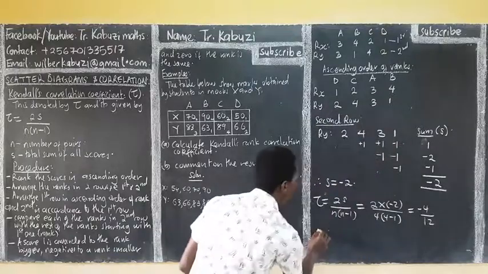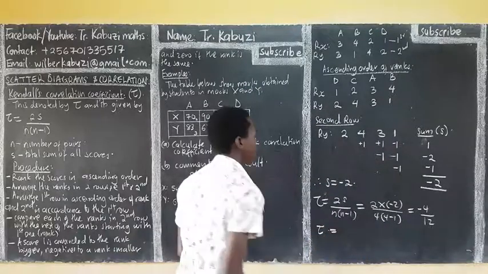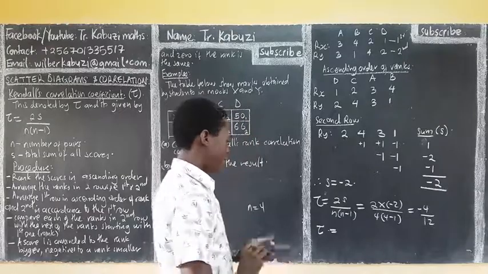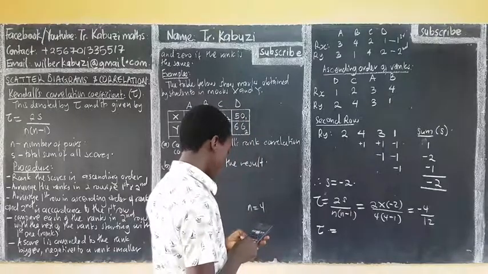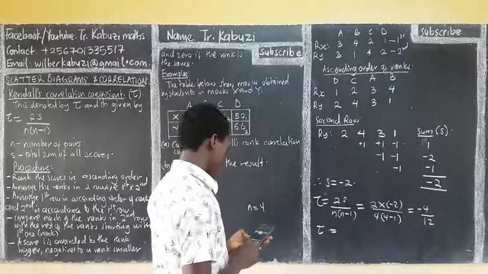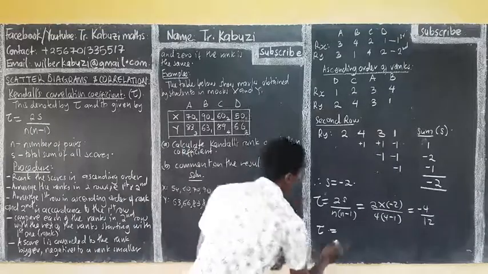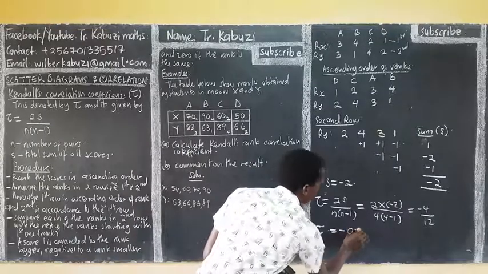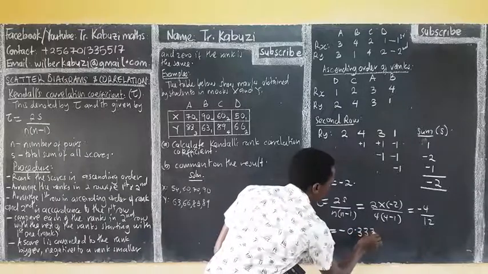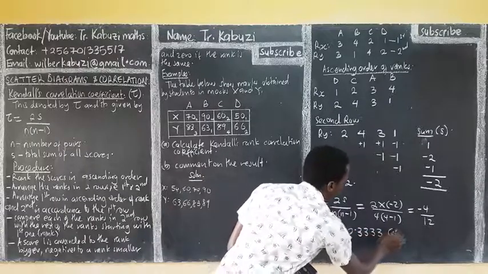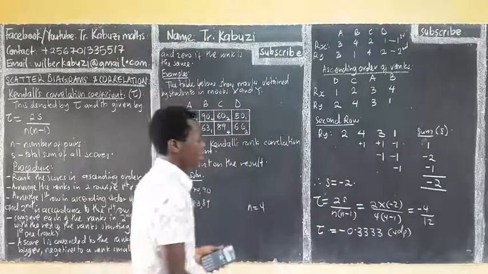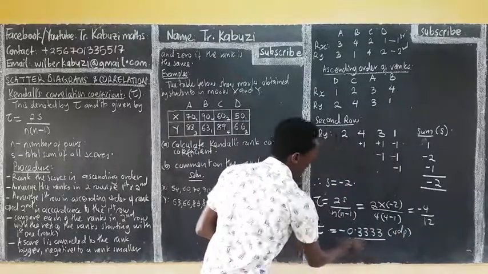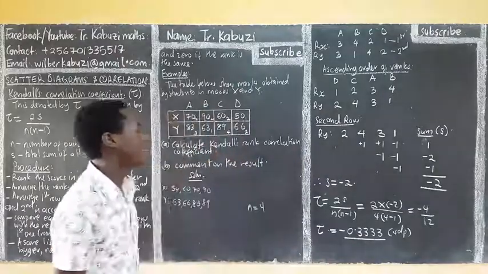When you complete there, your tau is negative 0.333, to 4 decimal places. And that would be our correlation, which is negative.